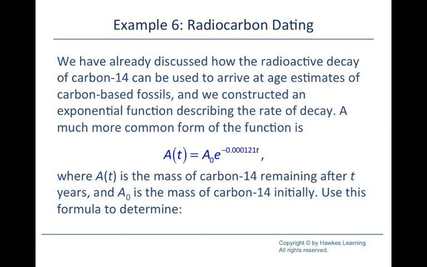Radioactive decay, we have this formula given to us. We know A sub 0 is the initial carbon-14, A sub t is the mass remaining after t years, natural e, the exponent e raised to this power times t.